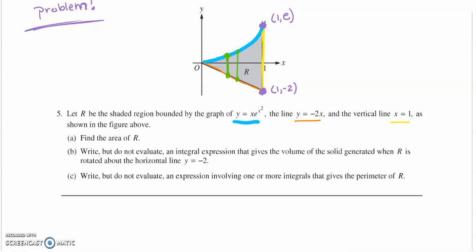Pause the video and take a moment and think about that. So you can see I wrote in the general ordered pair for this one green line here. And so when I think about the length of the rectangle, my top, or the height, top minus bottom, would be xe to the x squared minus negative 2x.